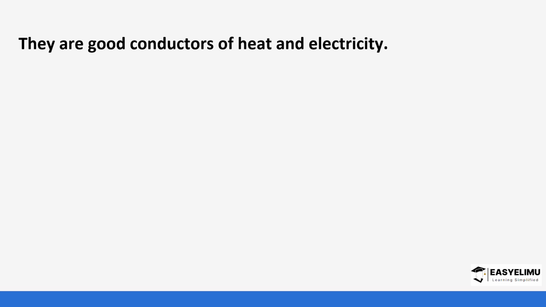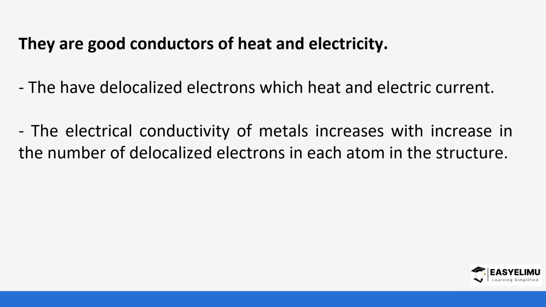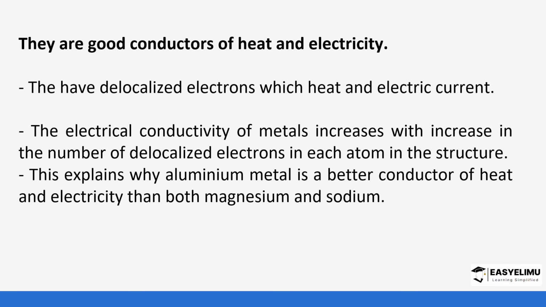I've just explained that. So they are also good conductors of heat, which comes back to the delocalized electrons we have just discussed. And we said that the more delocalized electrons an element has, the better conductor of heat and electricity it will be. So the electrical conductivity of metals increases with increase in the number of delocalized electrons in each structure.